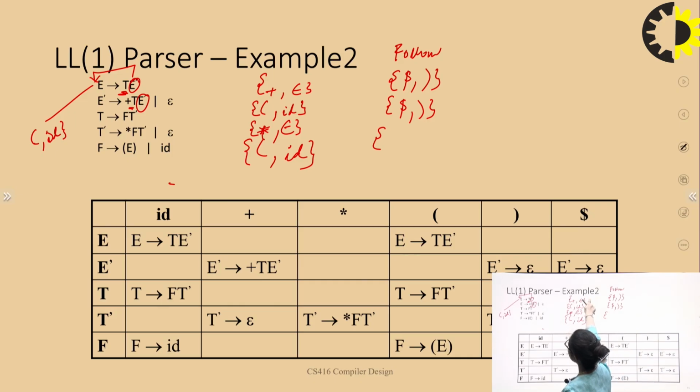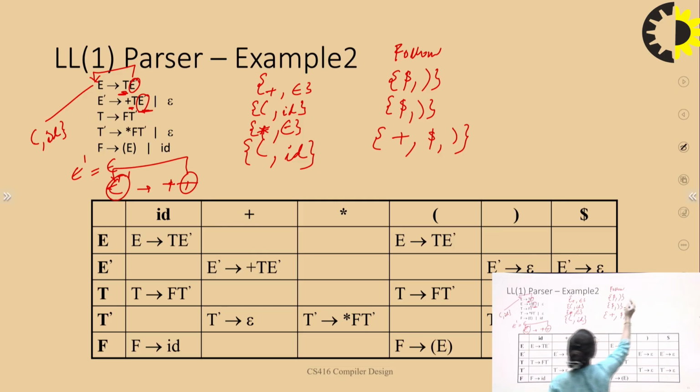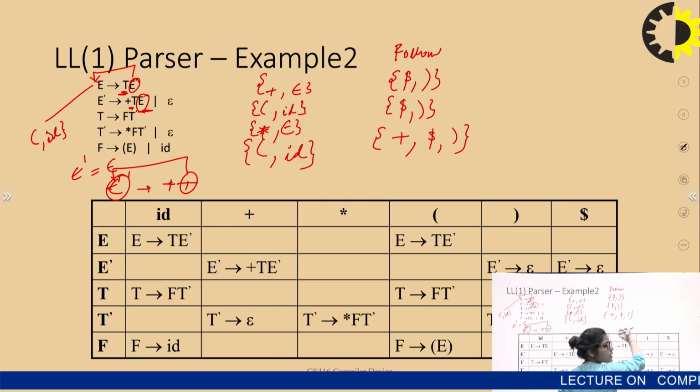The first of E dash is plus and epsilon. Whenever you put the value epsilon here, like E dash equals epsilon, then what will be the production? E derives plus T. E dash has become epsilon, so now nobody follows T, and when nobody follows T, its left-hand side non-terminal follows it, so we copied the follow of E dash just as it is. This is called the follow.